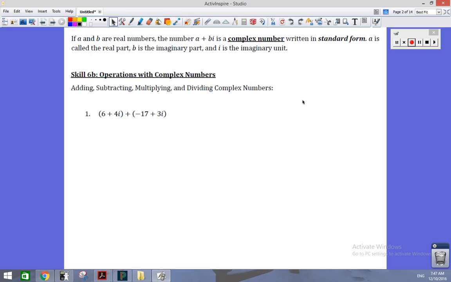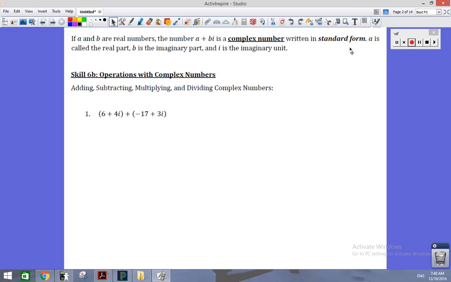Now, a little bit of definition and technicality here up at the top. If a and b are real numbers, the number a plus bi is referred to as a complex number, written in standard form.